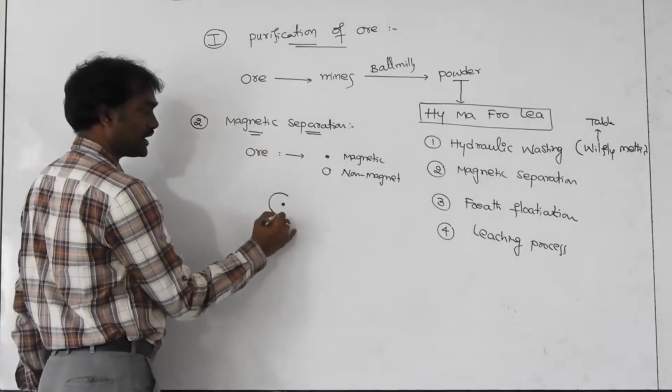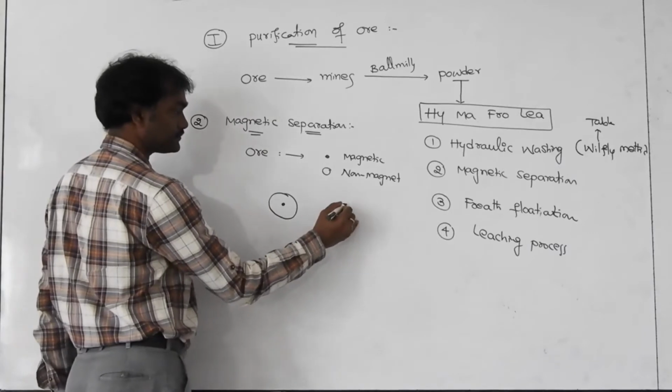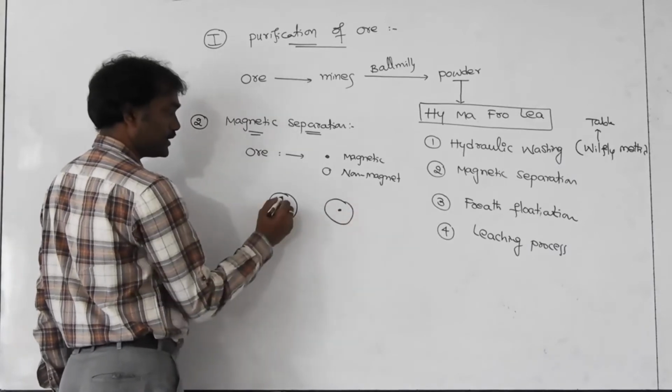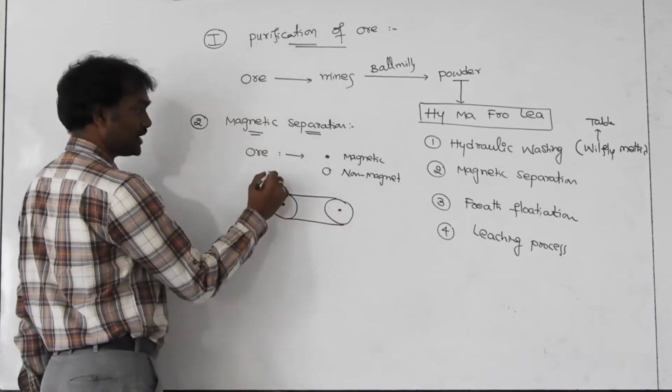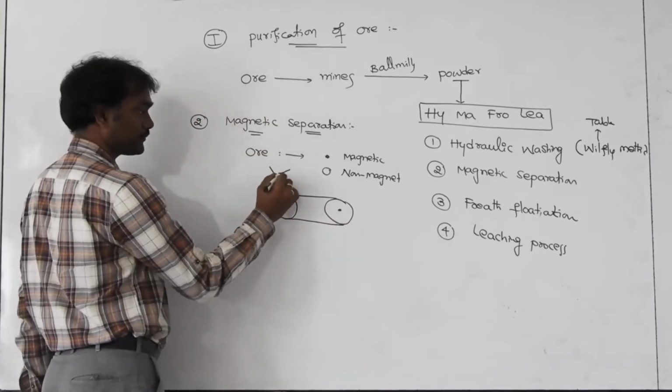So here we have taken two wheels, combined with a turbine. Here we take the ore powder.